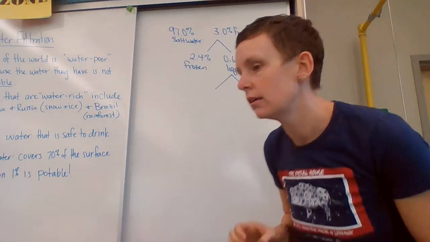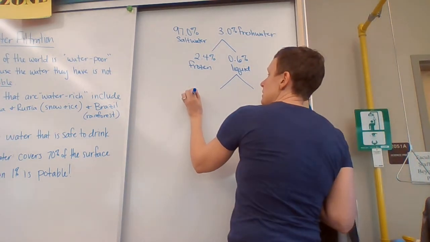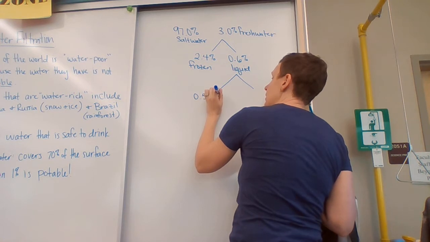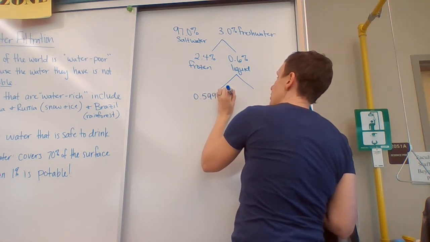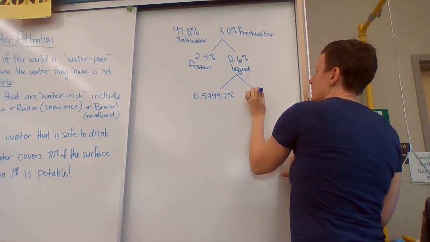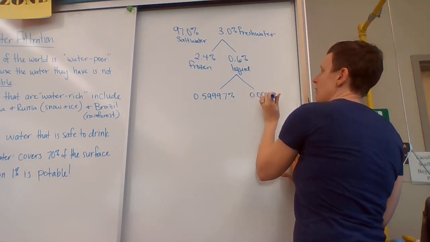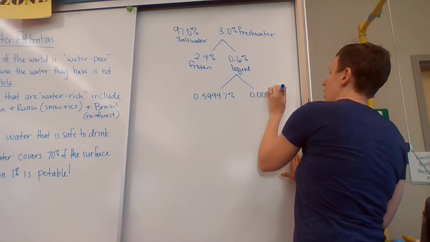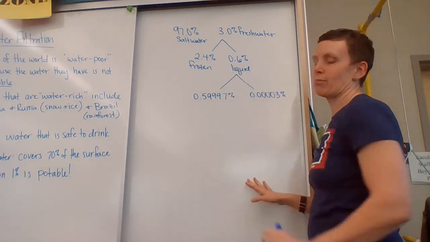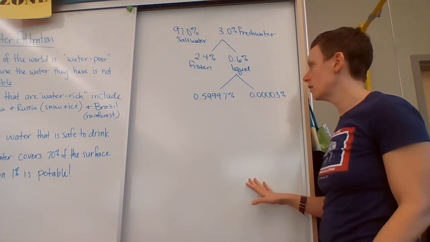Well, 0.59997% and 0.001%, 0.0003%. So when I add those together, I get that 0.6% that's liquid.